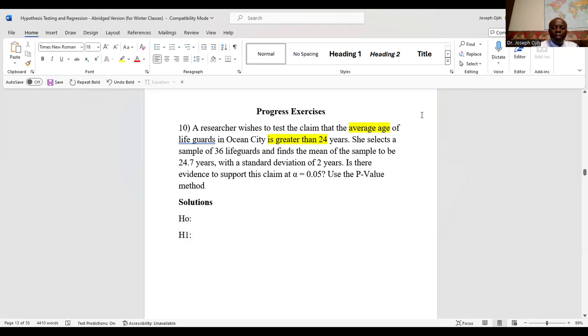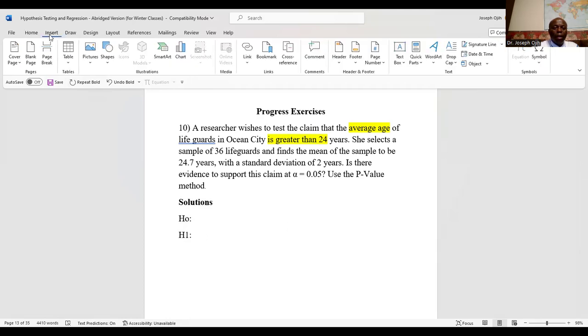The average means mean. So we put mean is greater than 24 years. That is the claim that this research wants to test.